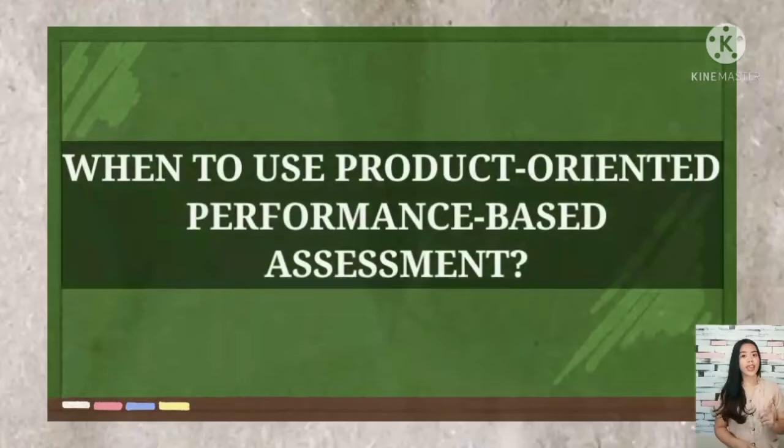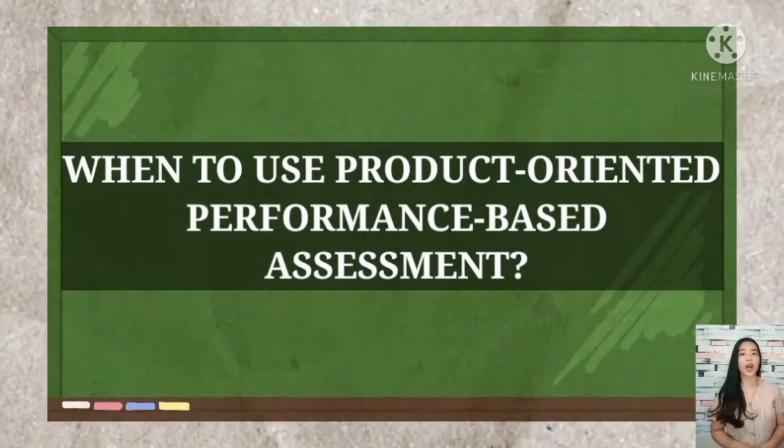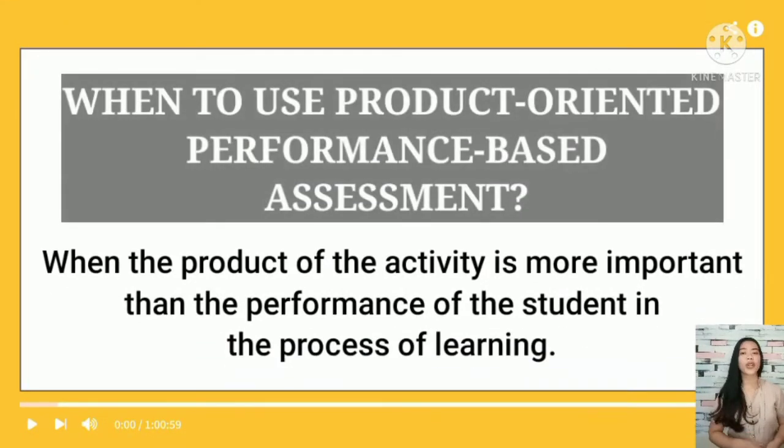The question is, when to use product-oriented performance-based assessment? We use it when the product of the activity is more important than the performance of the student in the process of learning.